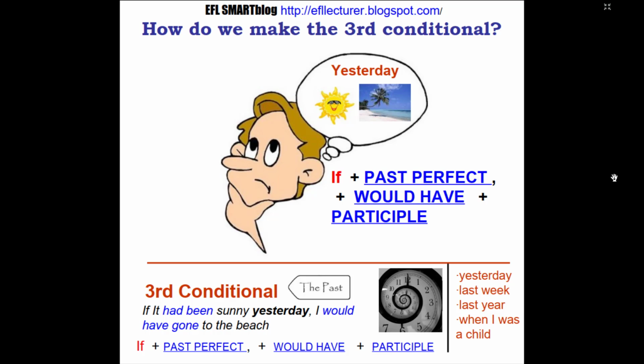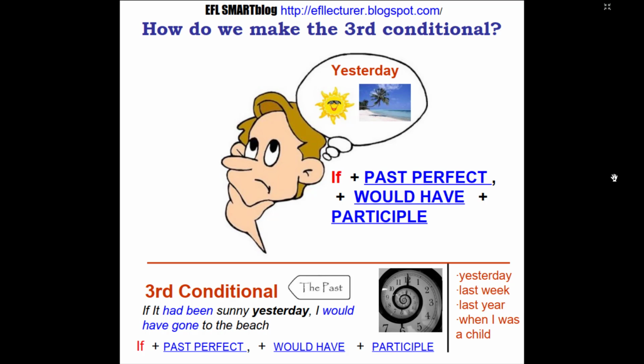You use a comma, and after that, you will have the modal verb would, could, and we will see some other options in here, plus have and past participle, or the way I like to call it, the present perfect. If you notice it, that's what we have.